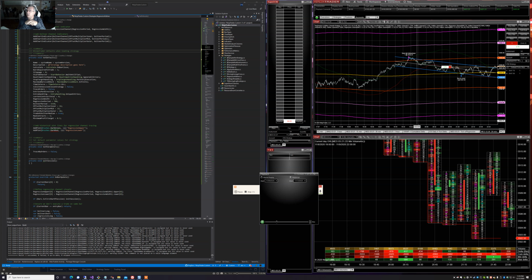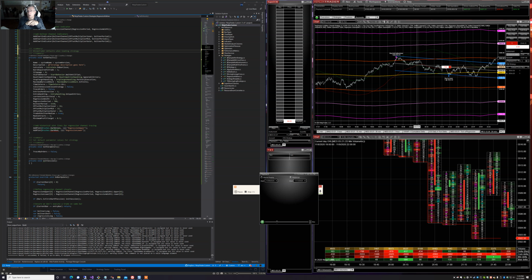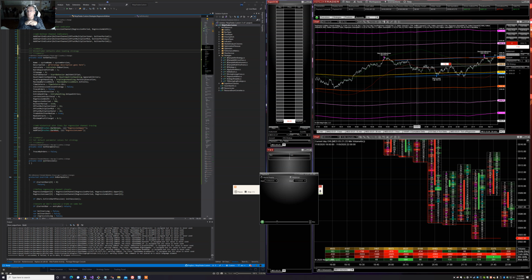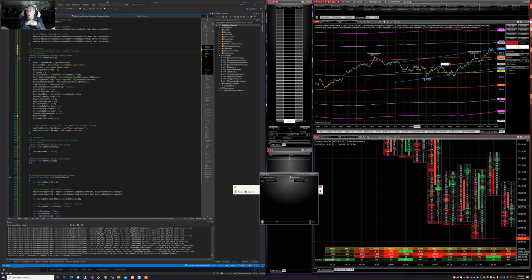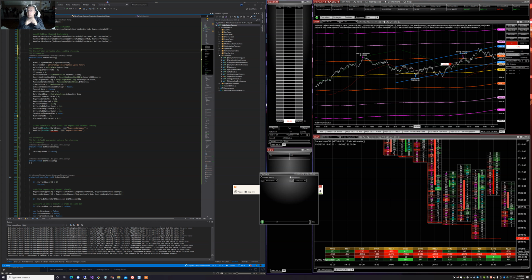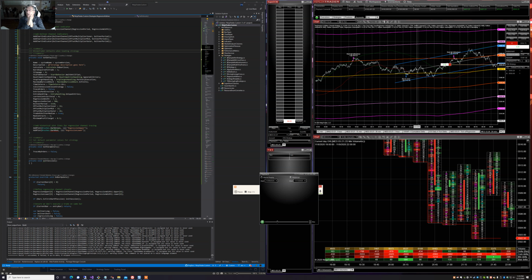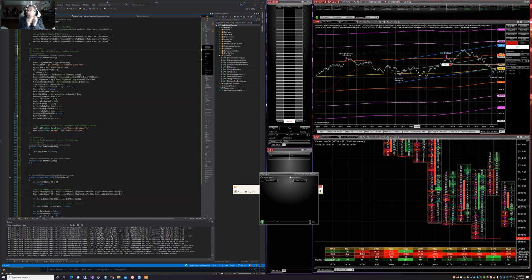Just don't have enough experience with it yet to know if we need to shift the regression channel values or the Keltner channel values for the day to help maximize the profits. I'm hoping there'll be just a happy medium when it's all said and done that'll work effectively with no human contact. So we'll have to wait and see how that goes with the testing and the real-time testing, hopefully here in the next few days.